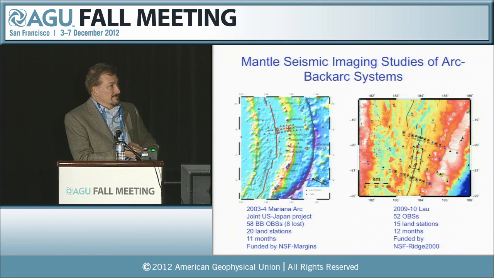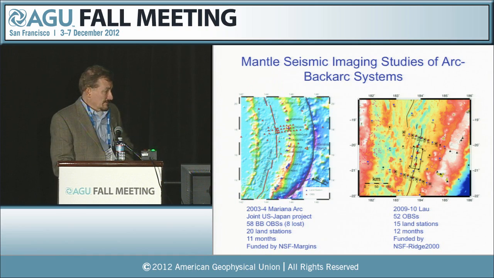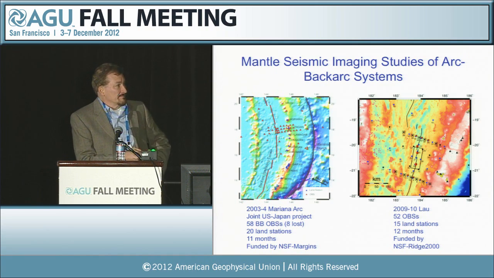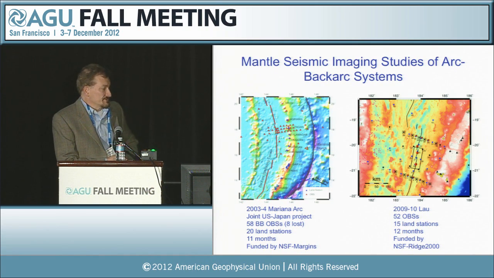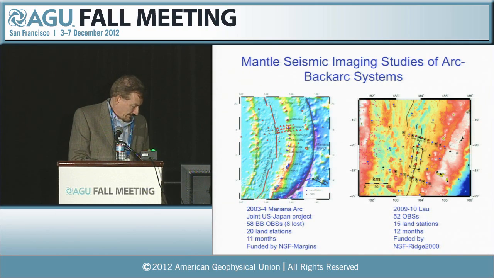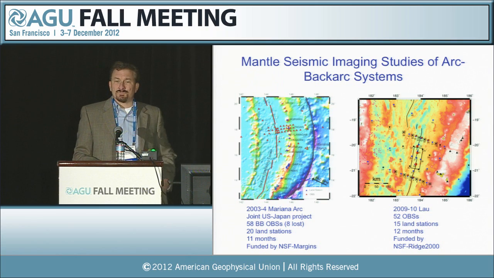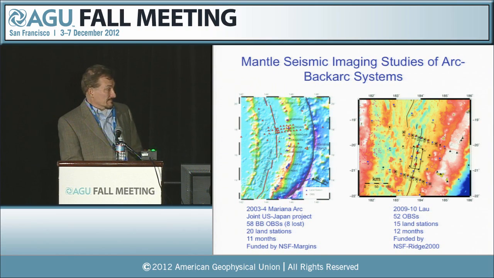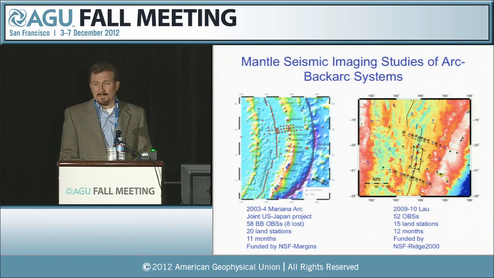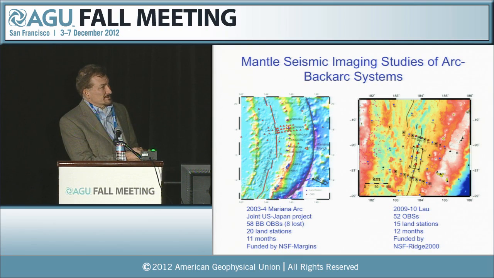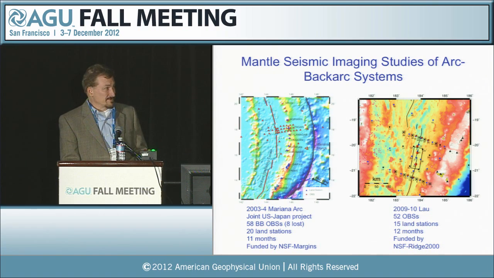And in a more recent study that we're still working on in the Lau Backarc that was funded by the RIDGE program. And I think these are ideal areas to try to image magmatic processes in the mantle, because in both areas we have active Backarc spreading centers that are adjacent to the arc, and so we can look at the relationships and contrast the imaging of those two different magmatic systems.